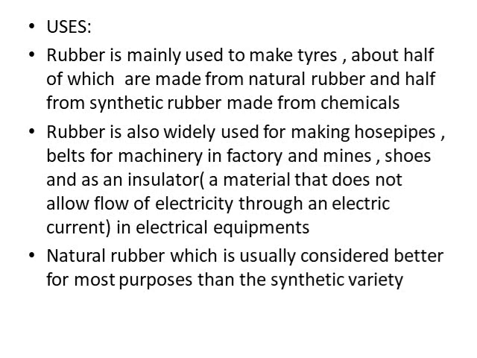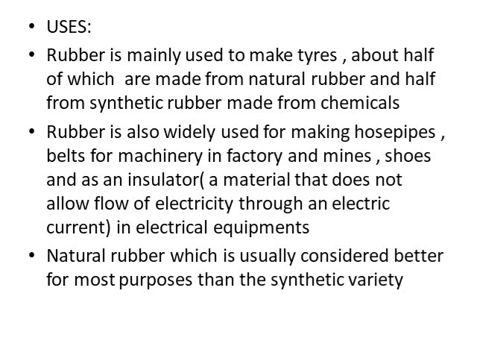What is an insulator? It is a material that does not allow the flow of electric current in electrical equipment. Natural rubber is usually considered better for most purposes than the synthetic variety.